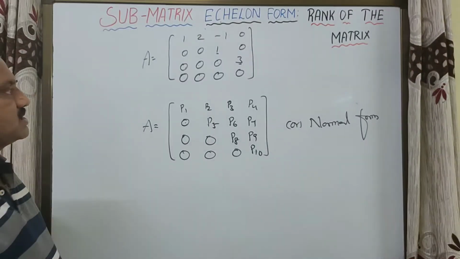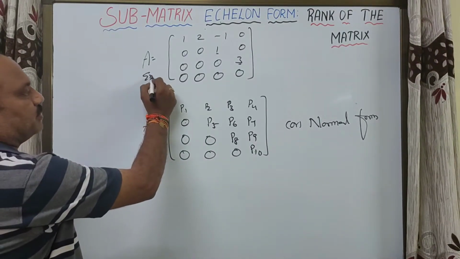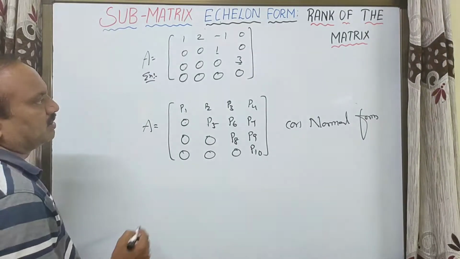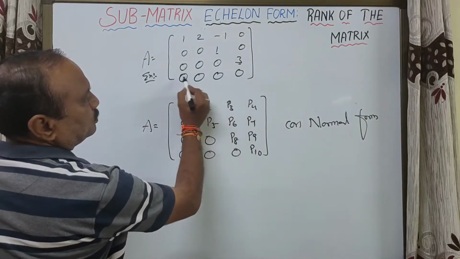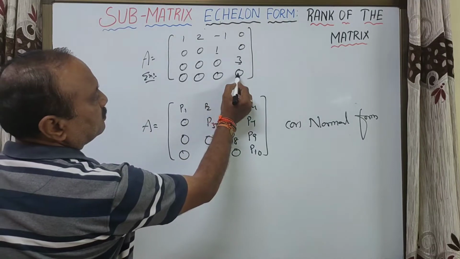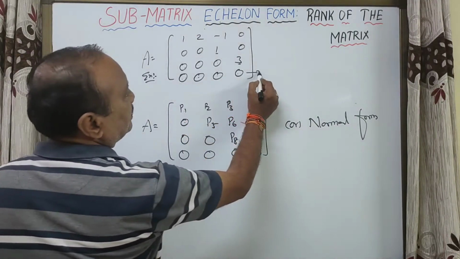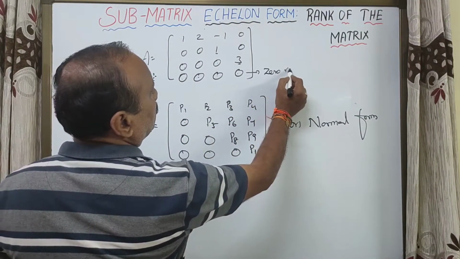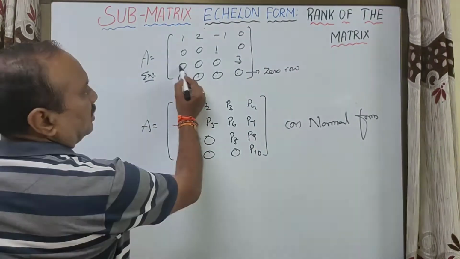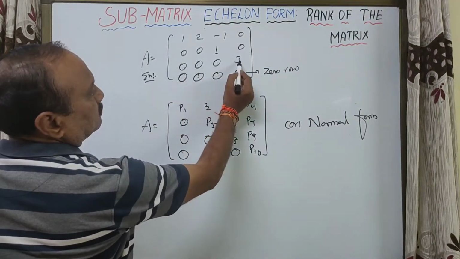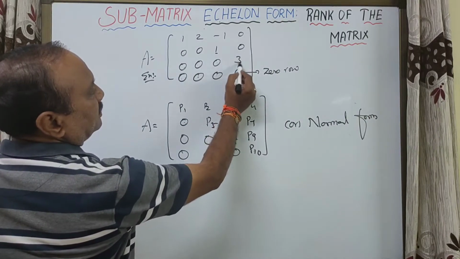My dear students, let us take this example. Here in row 4, that is fourth row, all elements are equal to 0. So it is called a 0 row. In third row, one number is there, 3.